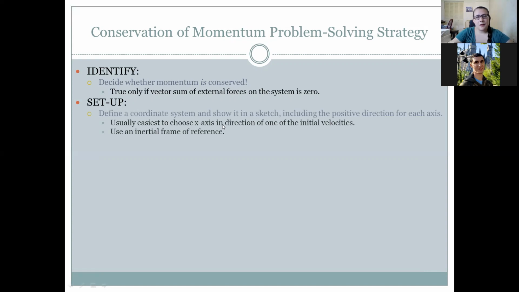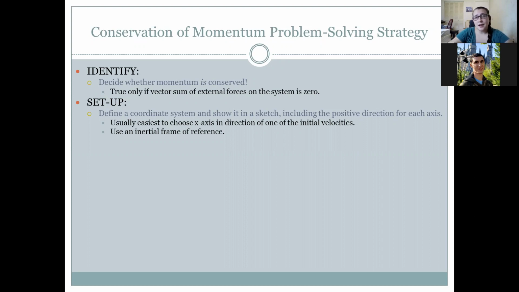So to set up the problem, we're going to define a coordinate system just like we've been doing in the past, show it in a sketch, and show which direction is positive for each axis. So again, usually we'll choose up, right, north, east, forward, those directions to be positive, and then west, south, down, backwards, left, etc. to be negative.